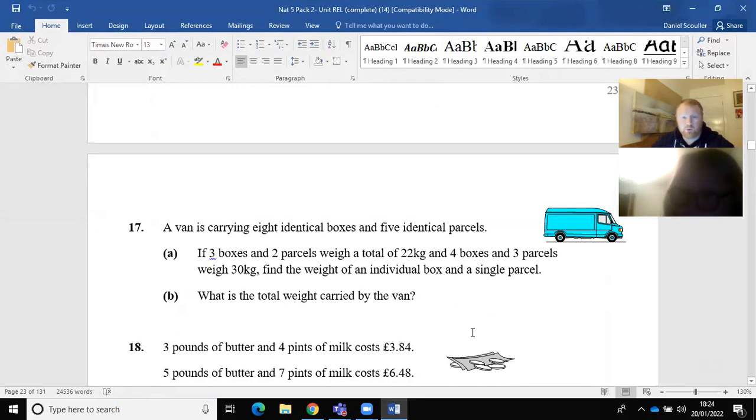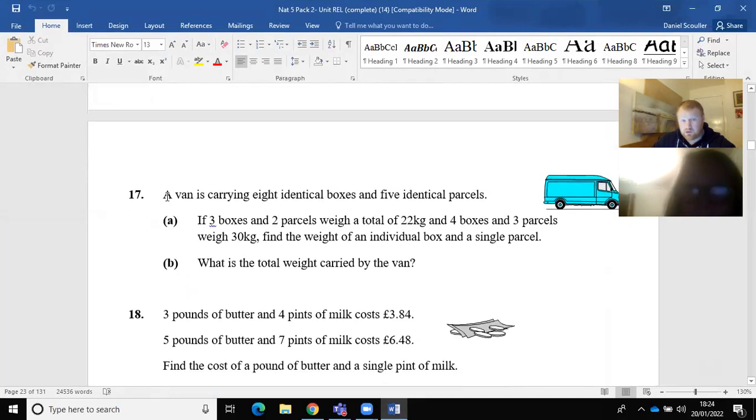So what this question does is try to throw you at the start. This 8 and 5 at the start, you don't need until the end. Your simultaneous equations are made up from the information in part A, and then part B takes into account the 8 and the 5. So your simultaneous equations should be this.